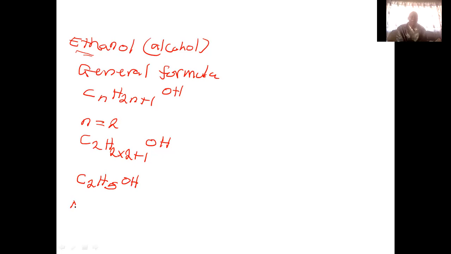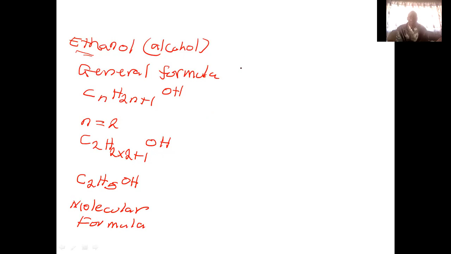And so this is the molecular formula of ethanol. And now we look at the structural formula.